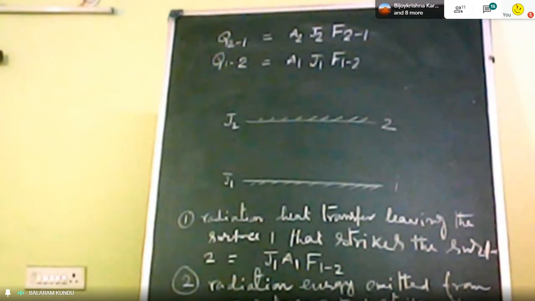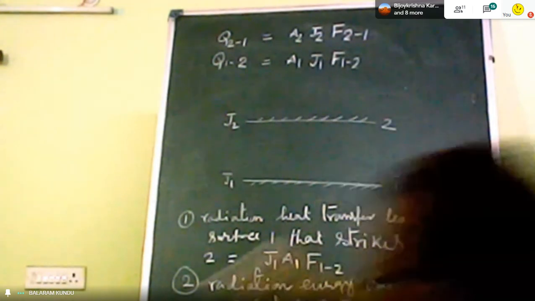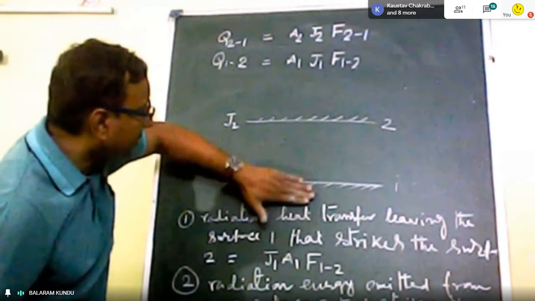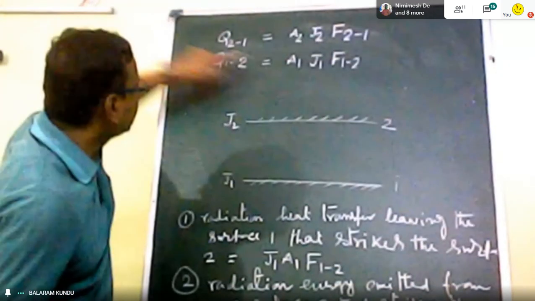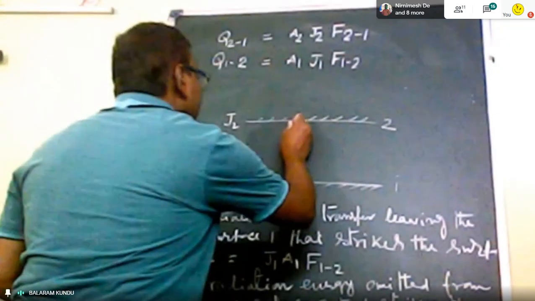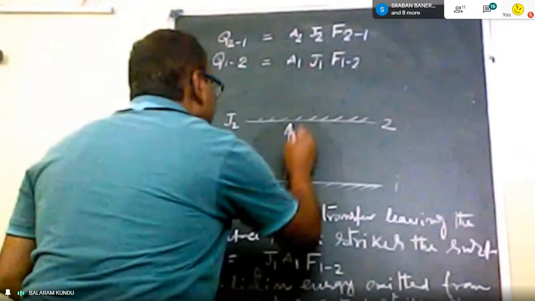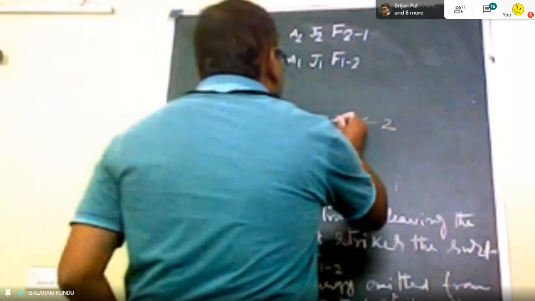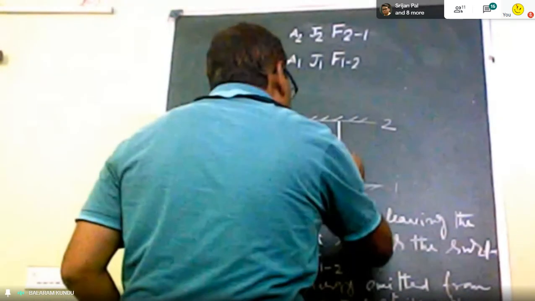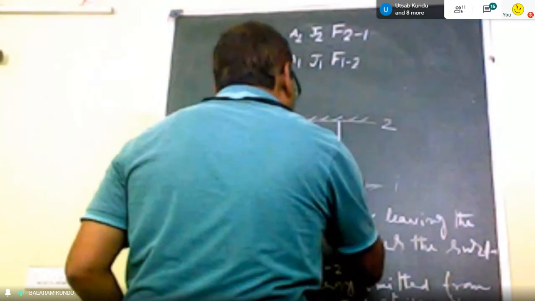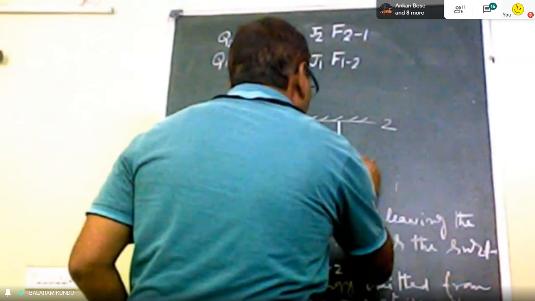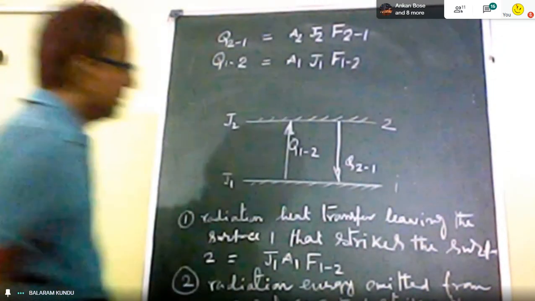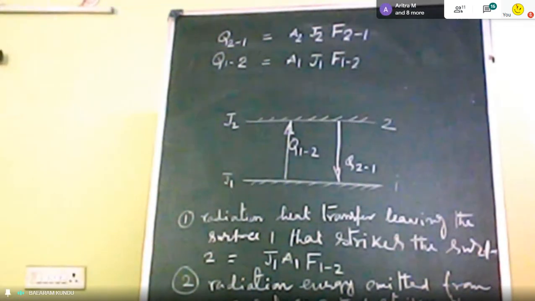You can draw arrows in this direction: one is Q1 2, and another arrow from surface 2 to surface 1 is Q2 1.